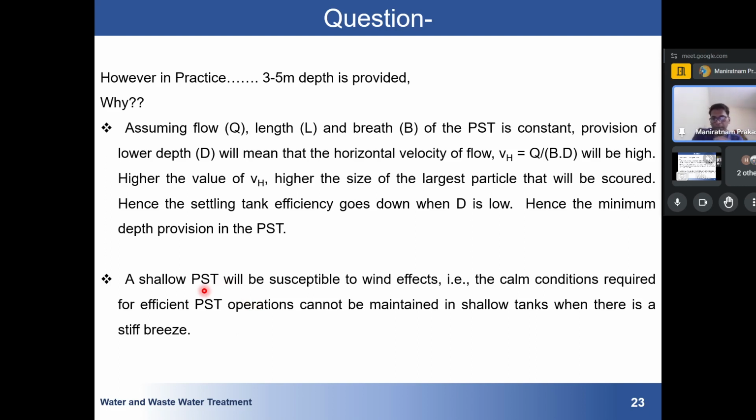So what will happen? There will be some wind effect. Particles, water on the uppermost layer may face some wind effect. So that's why it is said that we have to keep our depth 3 to 5 meter.